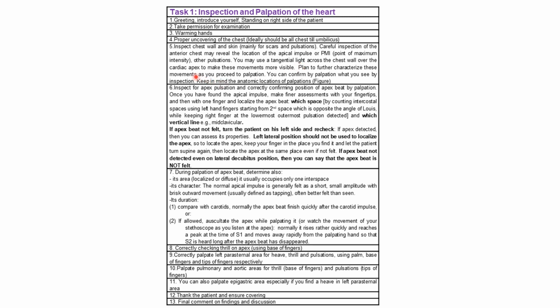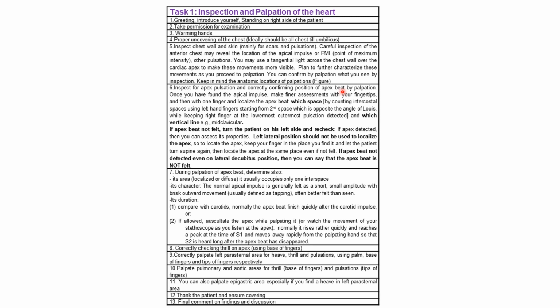And then we will spend a lot of time on this apex, because we have to inspect the pulsation of the apex. We have to confirm by palpation that this is really the apex beat. Actually, by definition, the apex beat is the outermost, lowermost visible and palpable pulsation.